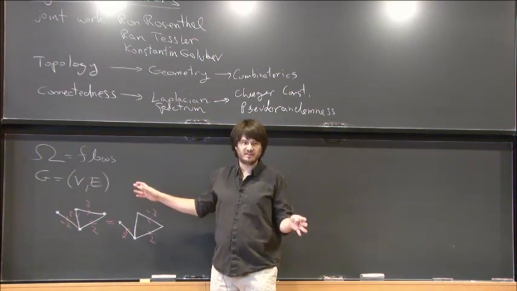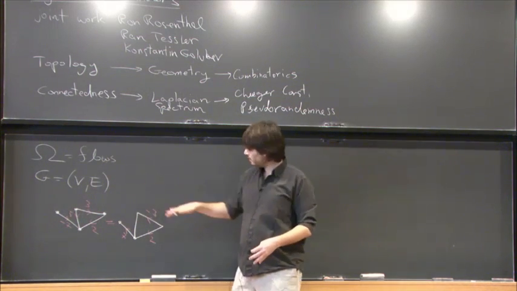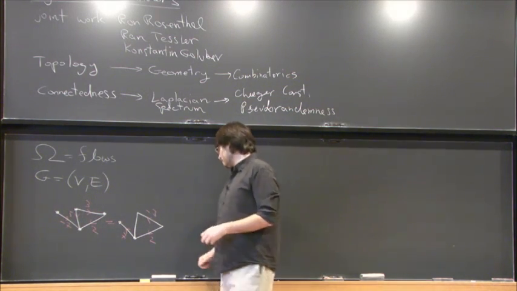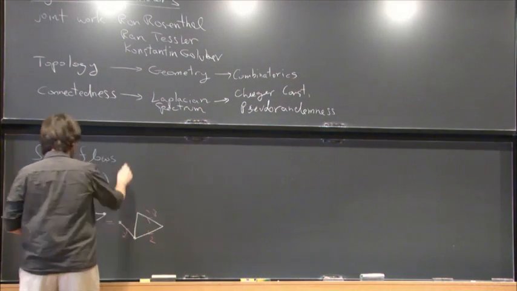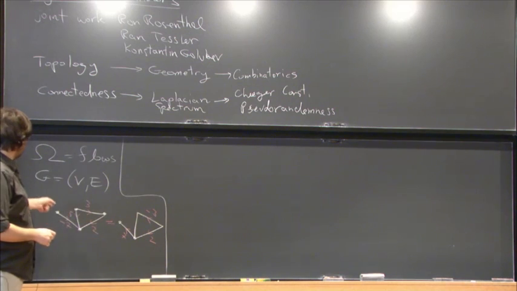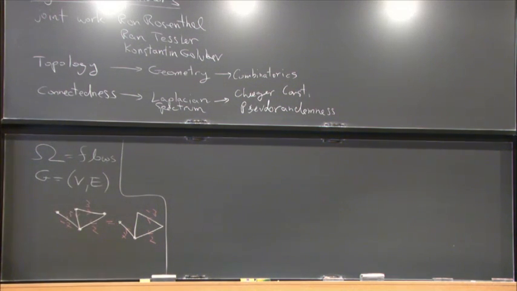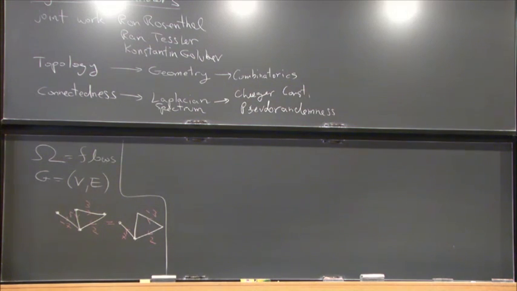The edges are not directed. A flow is just an assignment of directed values to the edges. There is no conservation; it's just any function.